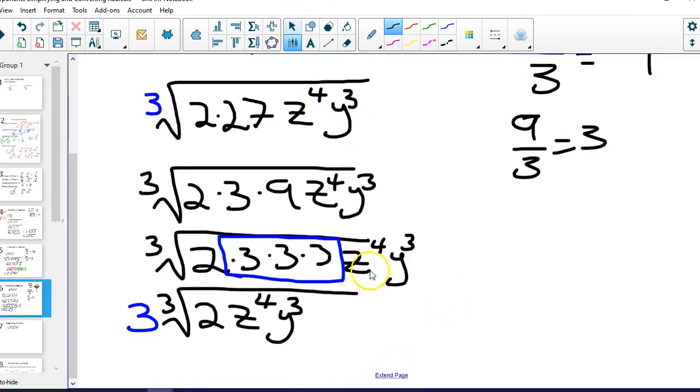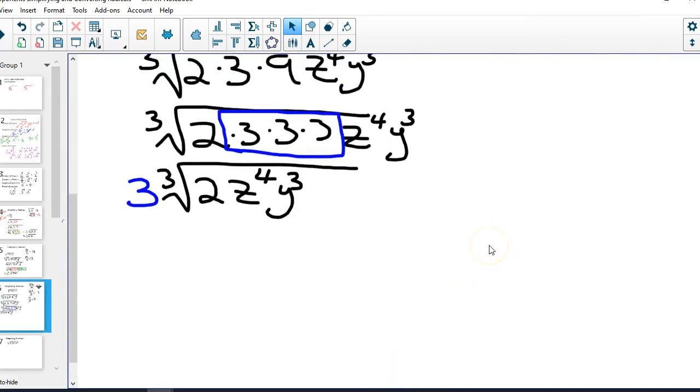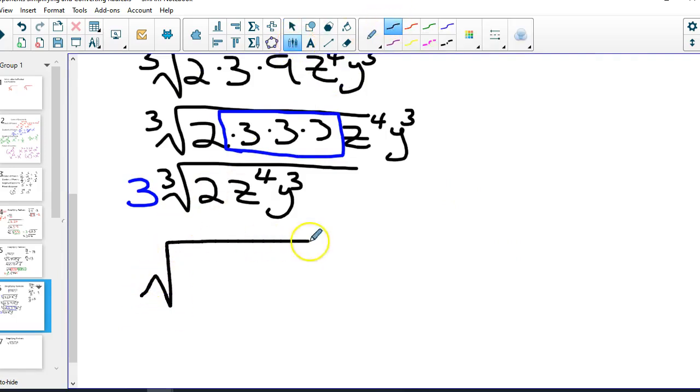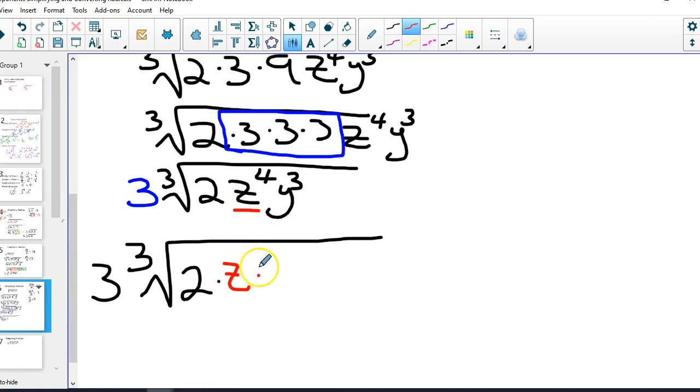Now, let's break up our z to the 4th and y cubed. What we're looking for are sets of 3. So that 3 on the outside, 2 on the inside, and let me break my z down into z times z times z times z.